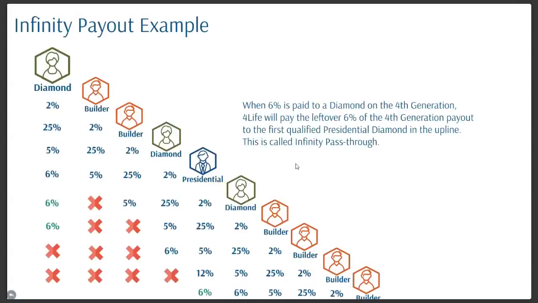We don't keep that money. We keep that payout in the comp plan, and we find somebody who qualifies for that next percentage and we give it to them. That's called Infinity Pass-Through, and that's just another thing that makes 4Life's compensation plan so awesome: we're not looking for opportunities to take money out of the comp plan, but to keep money in the comp plan and give it to you guys who are doing all the hard work and creating these sales.